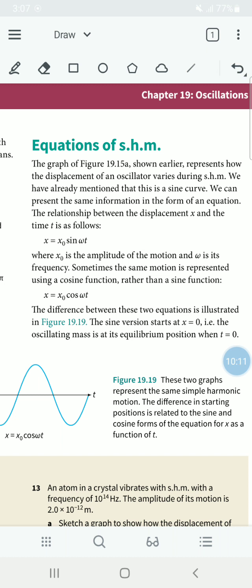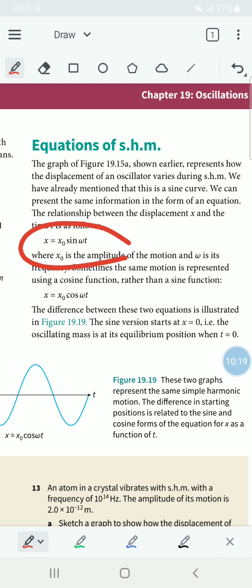Number one, x equals xo sine omega t. Please write this equation. And then number two, x equals xo cos omega t. Where xo is the amplitude.